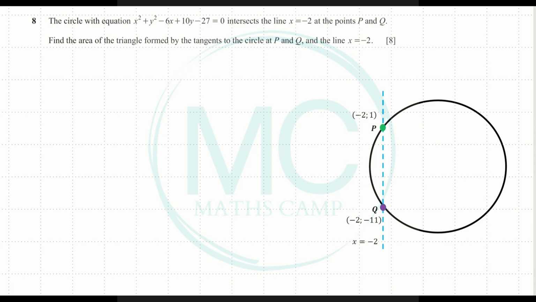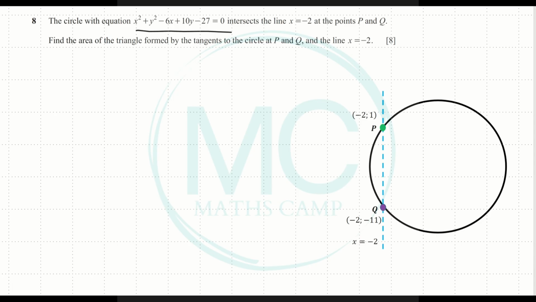So to find the gradient of these tangents, we need the gradient of the radius. And to find the radius, we need the center of the circle. Remember that in this form, we can use the x and y terms to find the center of the circle. The coefficient of x will help us find the x coordinate.